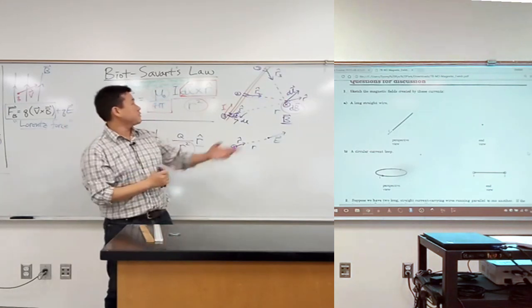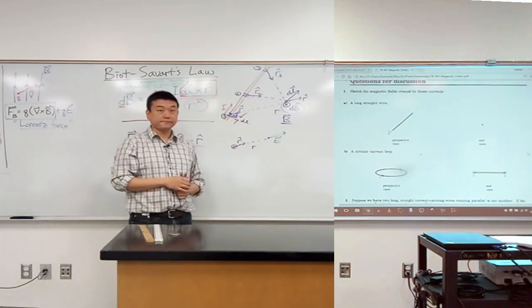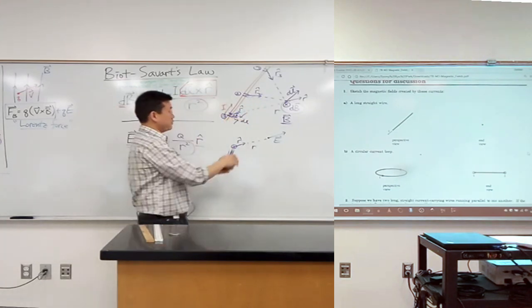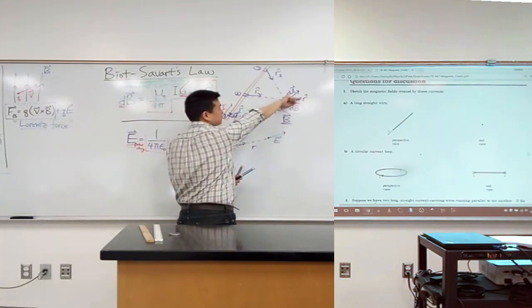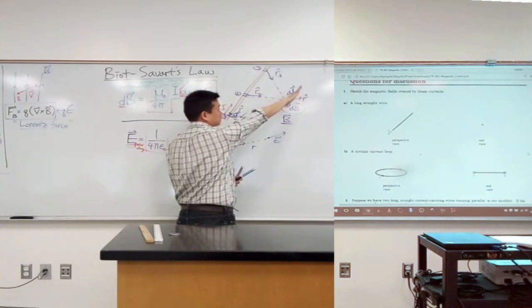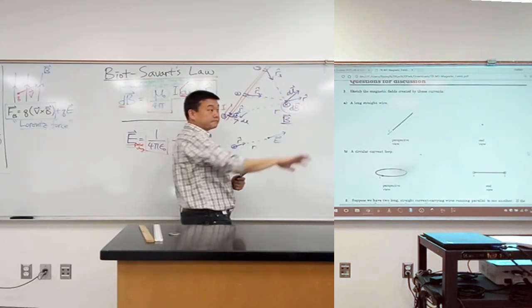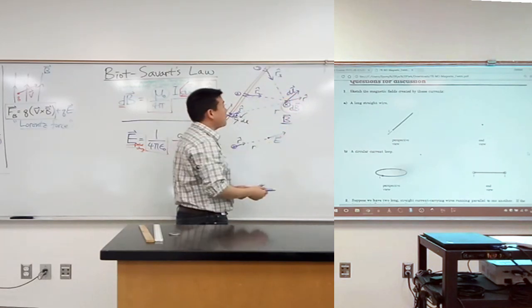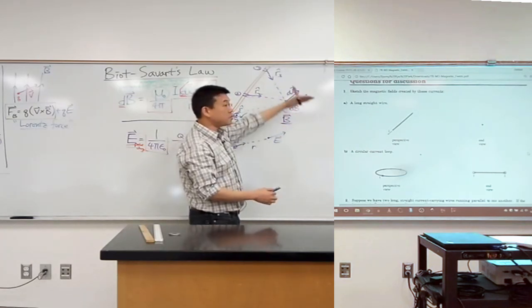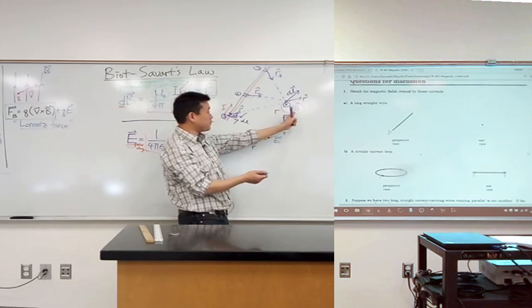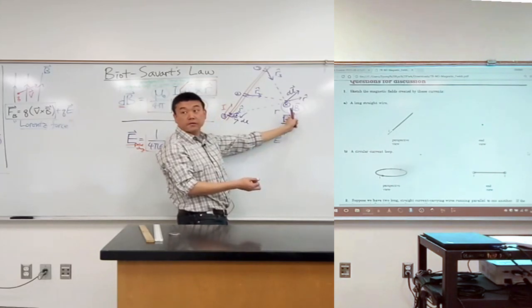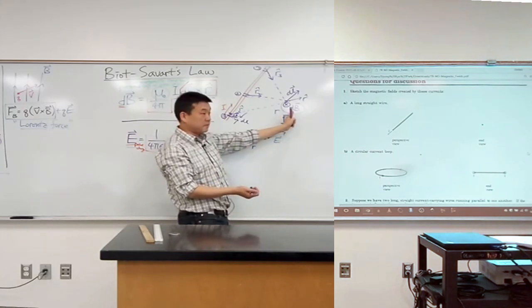You might need to use your hand, unless you have the answer already. All right, so what is dl cross r hat 2? Yeah, still into the board. r hat 2 is like this vector except over this way, so dl cross r hat 2 is still into the board. And what about dl cross r hat 3? Yeah, still into the board. So the angle between these two is changing, so the magnitude of the cross product might be changing, but the direction of it is not changing.